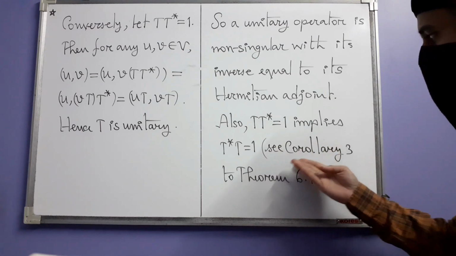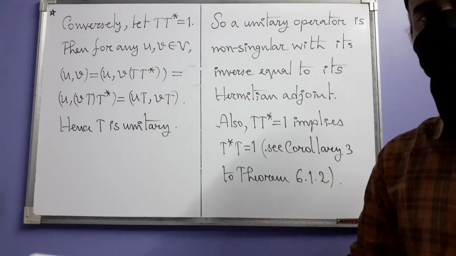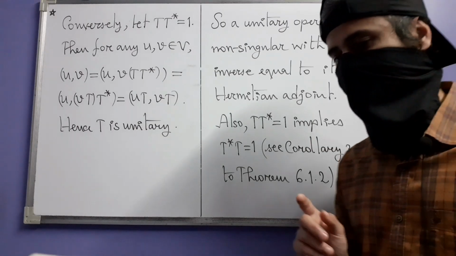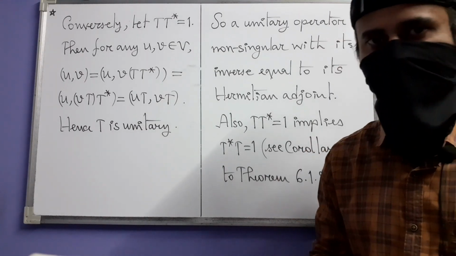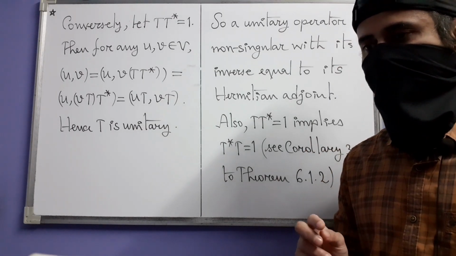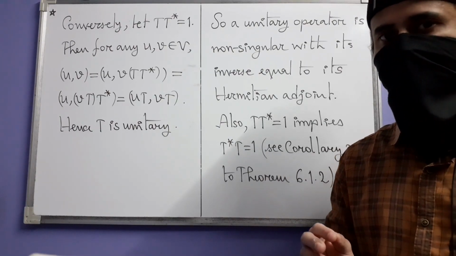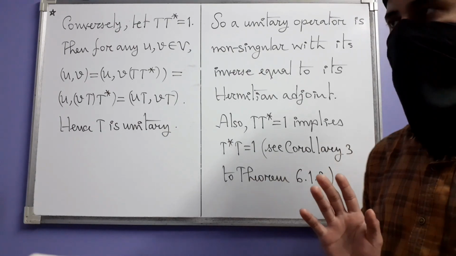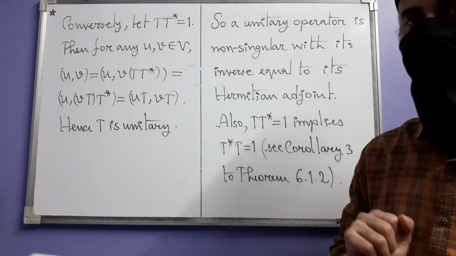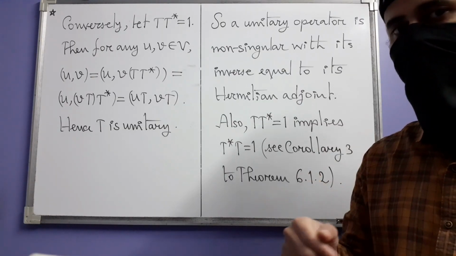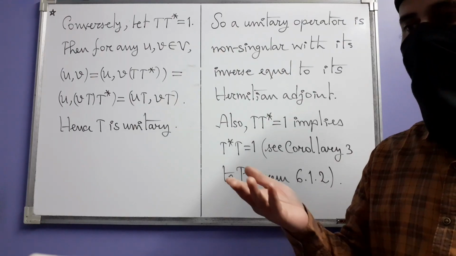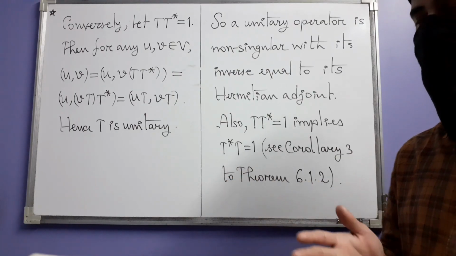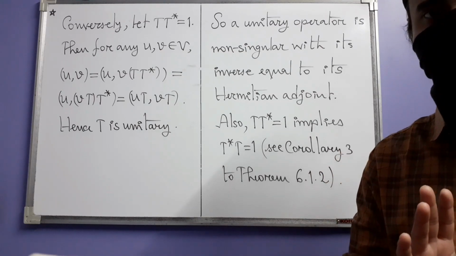And that follows from corollary 3 to theorem 6.12. If you go back, there you would see that we proved a general result. It tells us that if you have an operator on a finite dimensional vector space, need not even be an inner product space, which has a right inverse, then it also must have a left inverse, and the left and right inverses have to be the same, and so the operator would be non-singular.